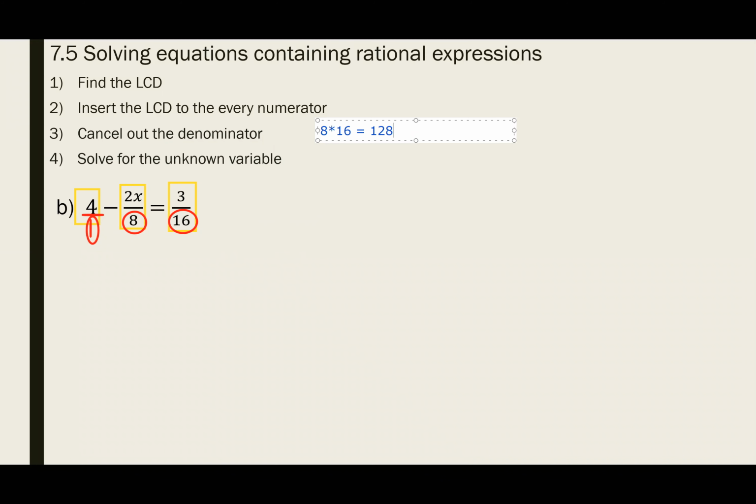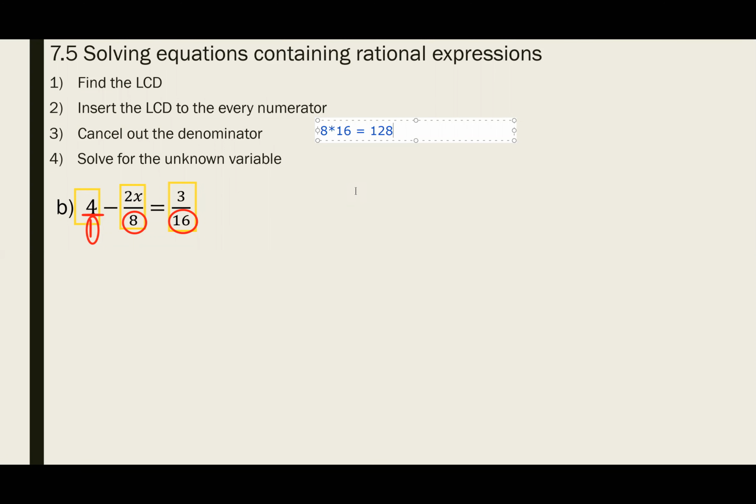One thing is, 128 is a common denominator, but it's not the least. It's not the smallest. The reason why is that between 8 and 16, there is a common divider.